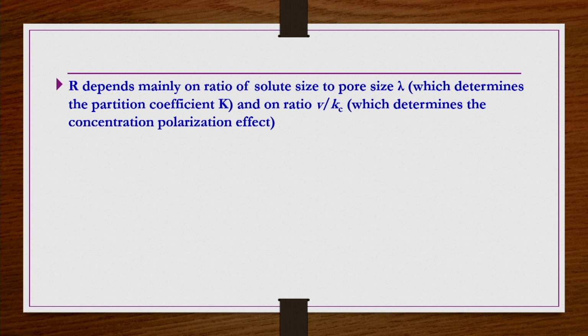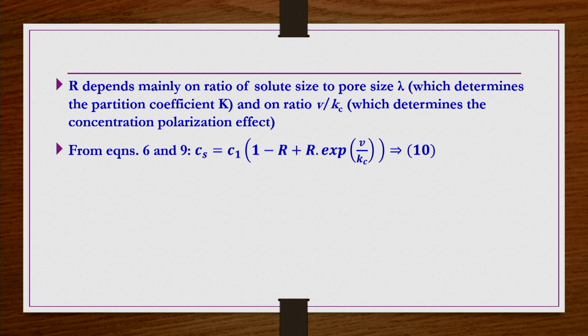And R depends mainly on the ratio of solute size to pore size, which determines the partition coefficient, and the ratio of V by Kc, which determines the concentration polarization effect. Both are very important factors in ultrafiltration, so we have to bring in those factors here. Now, if we combine equations 6 to 9, we can get the Cs concentration. How do we get it?